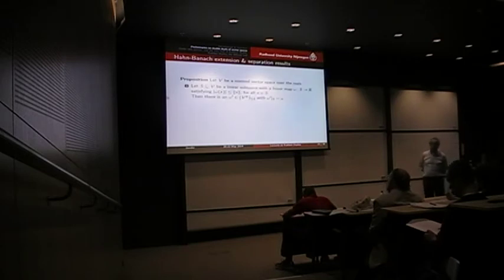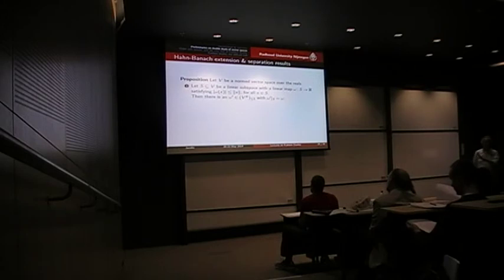Then there are a bunch of useful results for these normed vector spaces, which I'll go through, but the proofs are not very trivial. You need Hahn-Banach-style extension theorems to prove this. So if I have a linear subspace S of a normed vector space, and I have a linear function omega on it to the reals, I'll do this here for the reals.